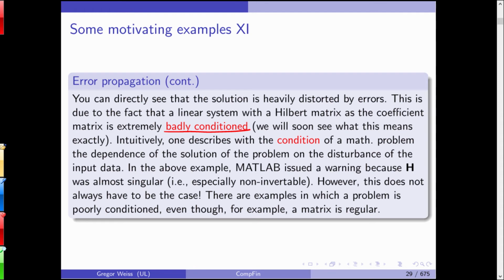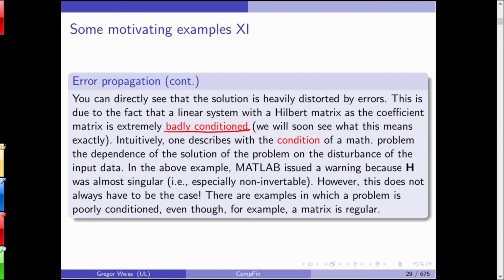Intuitively, what do we describe with the condition of a mathematical problem? It's the dependence of the solution of the problem on the disturbance of the input data. So if there are slight disturbances, slight errors in the input data, these will be magnified regardless of what algorithm you actually use.